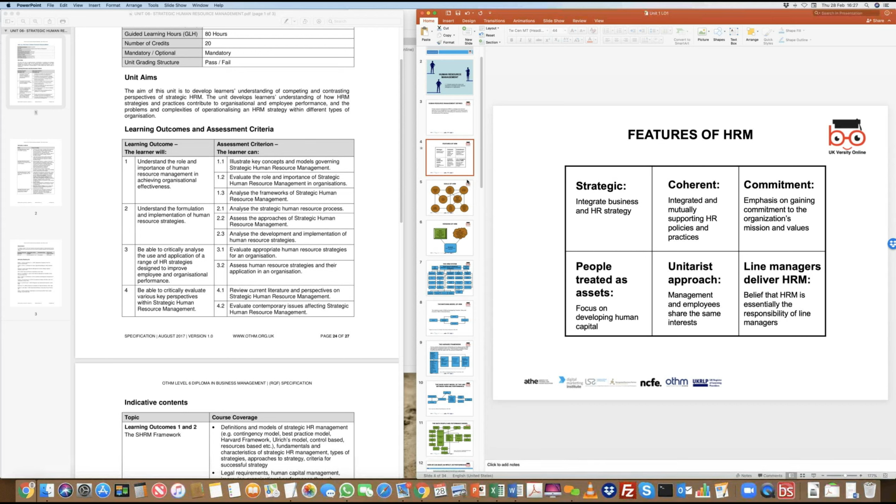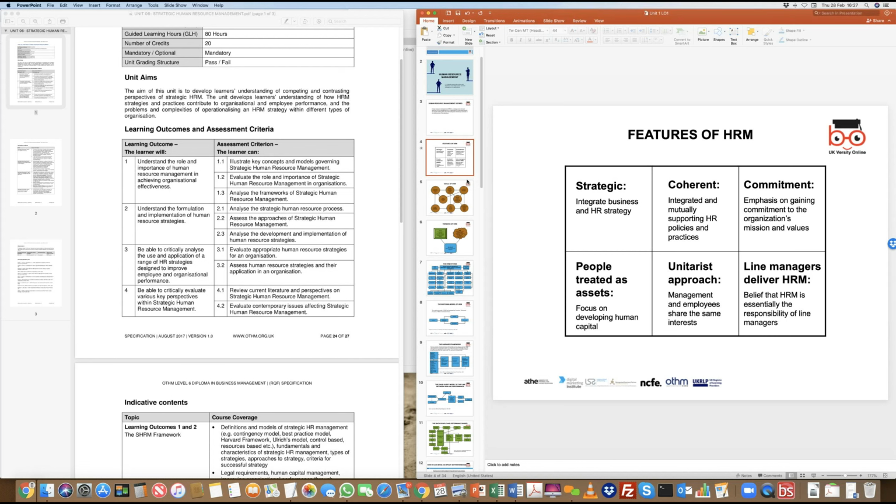We look at things which are included from the point of view of understanding unions, for example. When we look at issues and legislation, all these would typically be included as what we call the functions of human resources management.